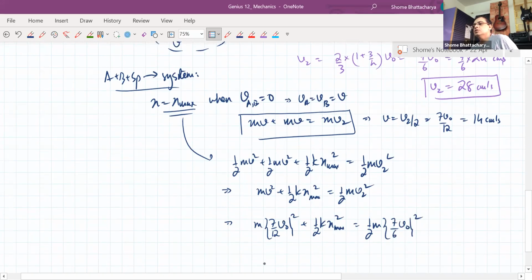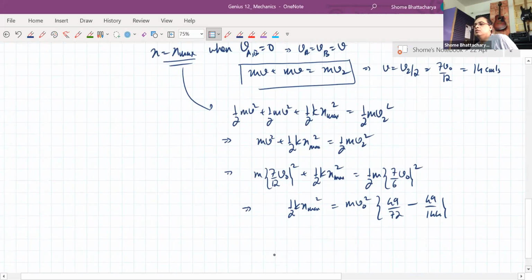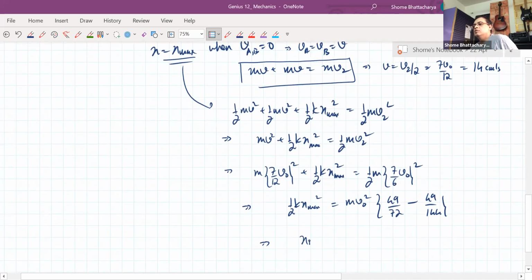So this will be an easy way to solve: half k x maximum square is equal to m v0 square if we take it common. From here we have 49 by 36 into 2, 72, minus 49 by 144. So x maximum will be V naught into square root of 2m by k into this factor of 49 by 144. Correct?